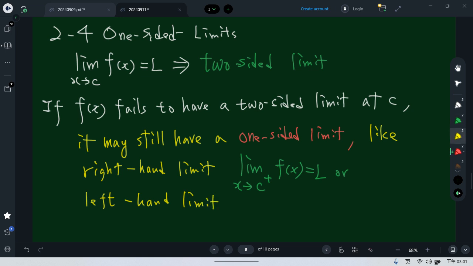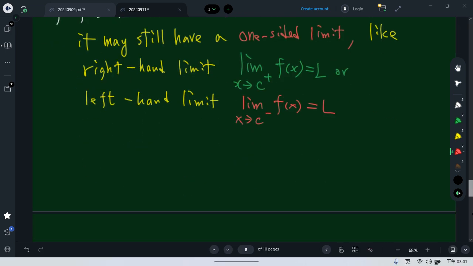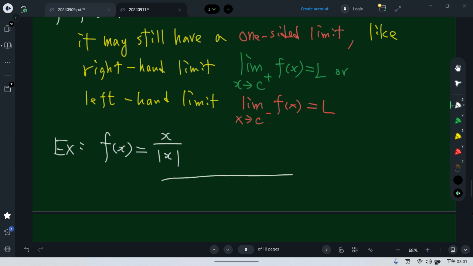The left-hand limit will be expressed as limit x approaching c minus, f of x is L. Two possibilities. So, for example, f of x is equal to x over the absolute value of x. So what is the figure?